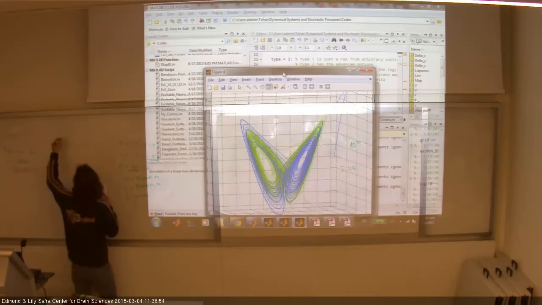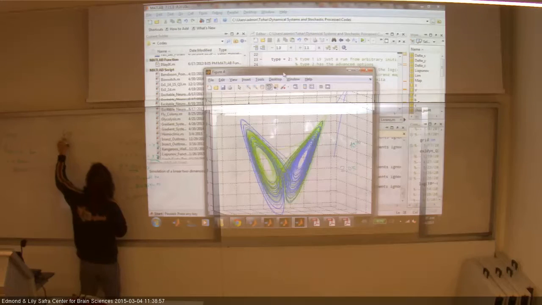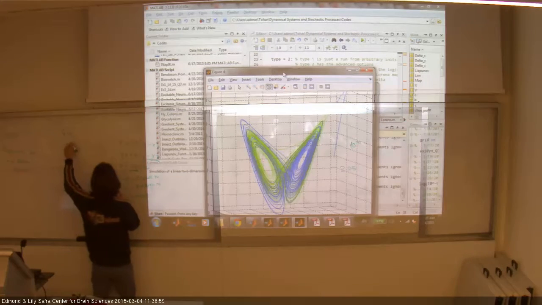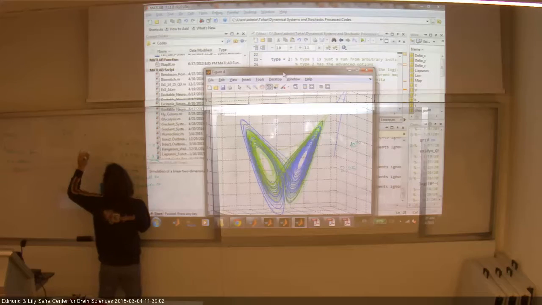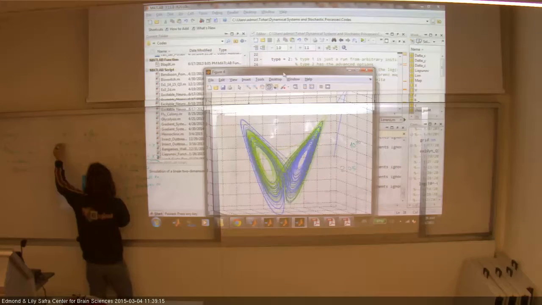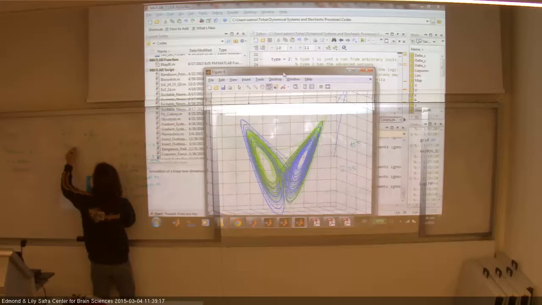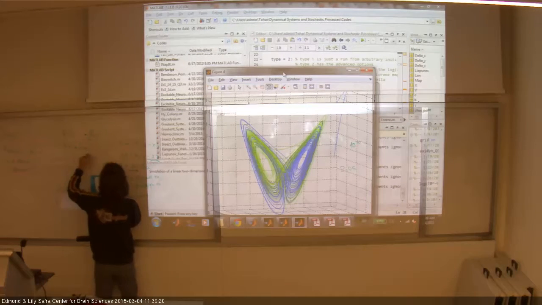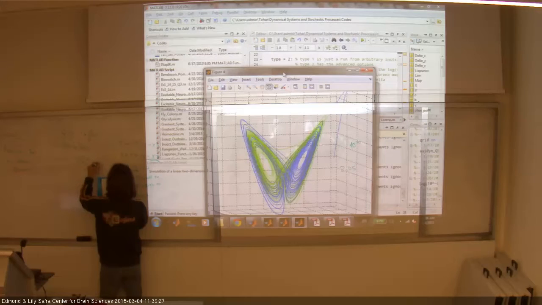Basically it's as if we start from a certain initial condition, this point in space, and then we start with a very, very close initial condition that is removed by a vector delta. So x plus delta, where delta is initially something very small, like 10 to the minus 15.